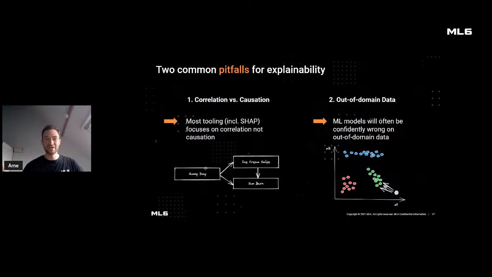There is a latent variable that would in this case probably be, it was a sunny day, so people buy ice cream. It was a sunny day, so people get sunburned. But be wary about that. It's easy to see in this example, but sometimes it can be very tricky on real life data to actually see these patterns. And then the second one, out of domain data.